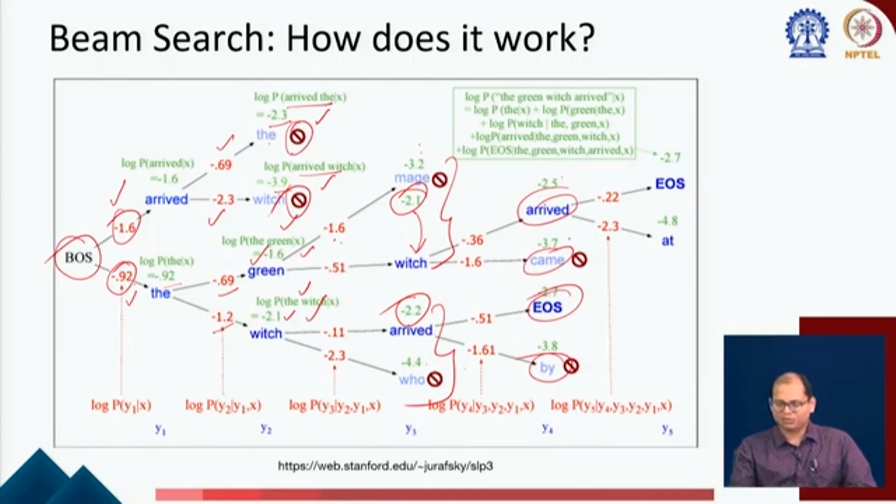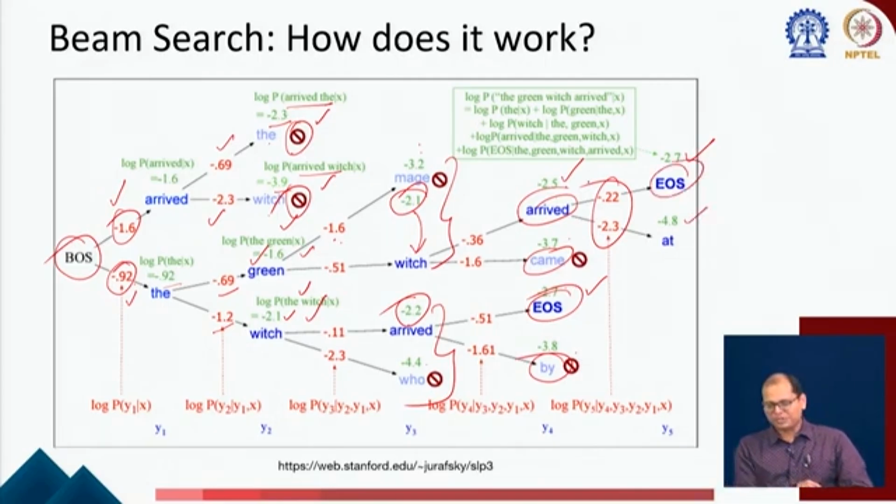I get therefore log probabilities. I take the 2 largest, this and this. I cannot go further from EOS, so I continue from here and get another 2. So, this is another EOS.